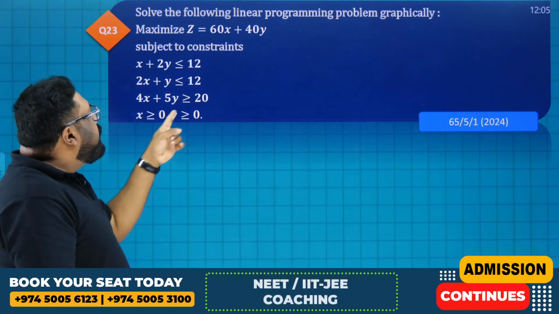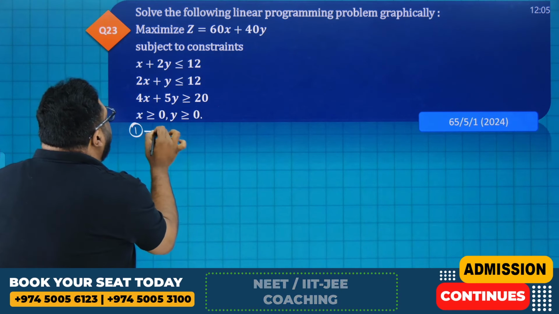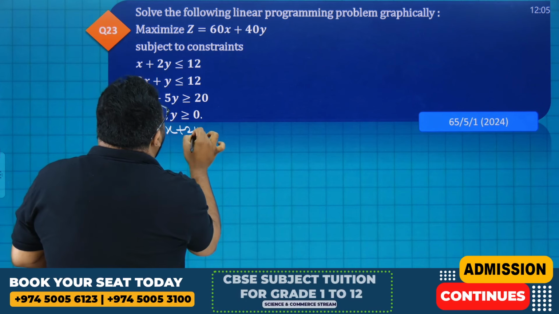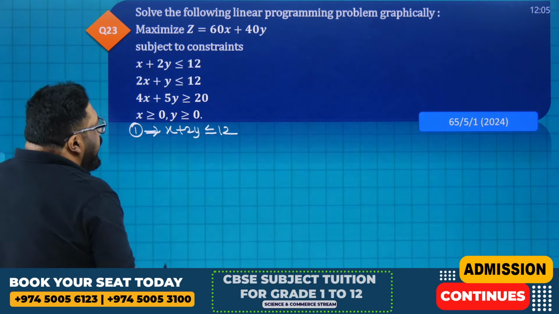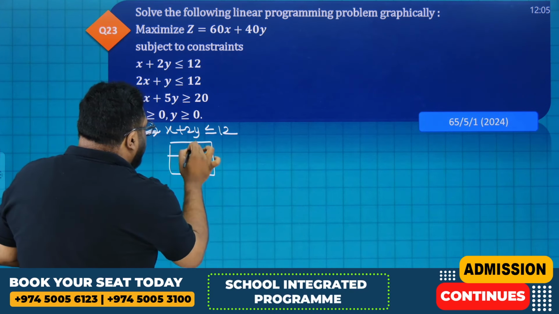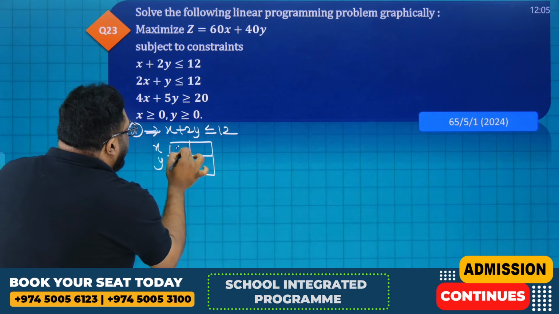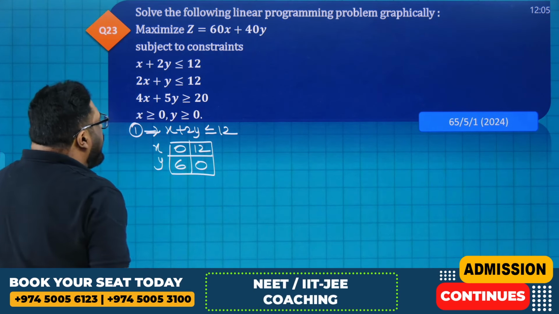Maximize Z is equal to, here we have three inequalities. Careful, all of you. Three inequalities. Equation number 1 implies x plus 2y less than or equal to 12. So we'll draw the constraints, all of you. X equal to 0, y is equal to 6. Y is equal to 0, x is equal to 12.